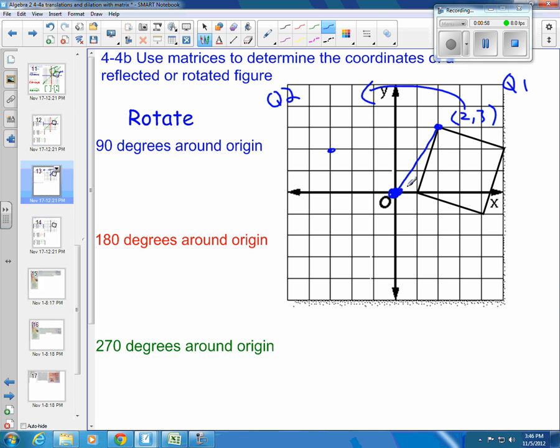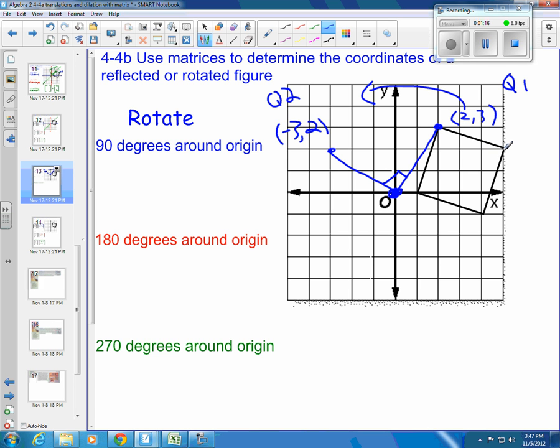And am I right? 1, 2, 3, 1, 2. And if I draw that in there, you can see that that is, in fact, very legitimately a 90-degree angle. So that new point is going to be negative 3 and positive 2.